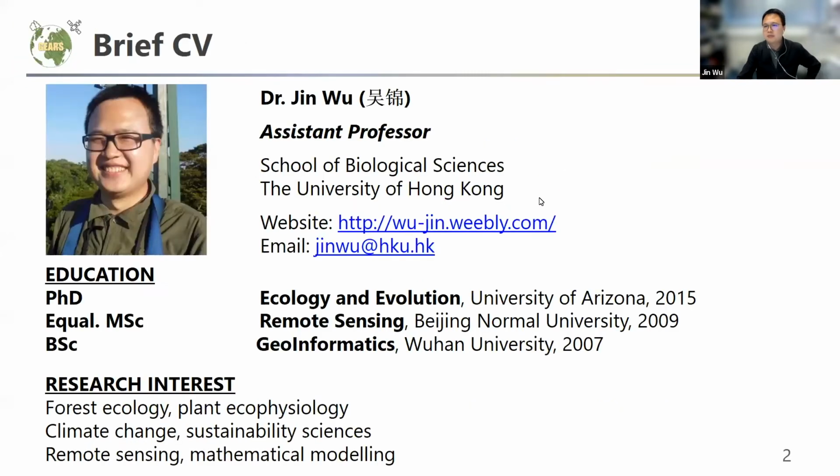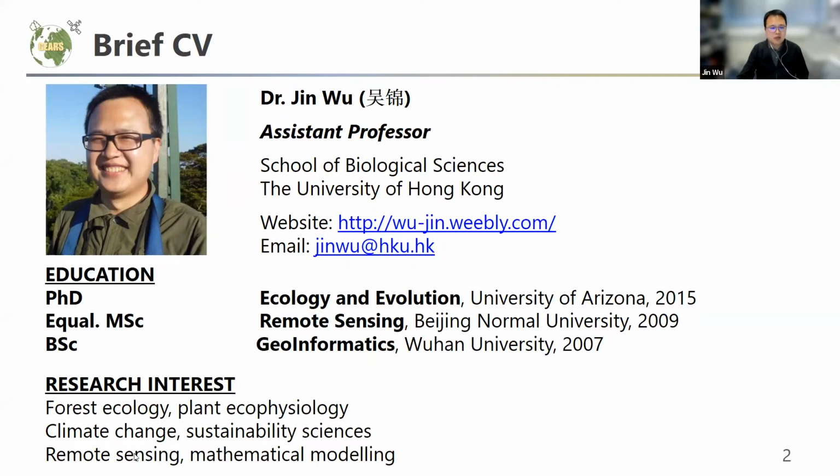Here is a brief CV about me, and I think the professor just mentioned it. But one thing I would like to highlight is that before I joined Hong Kong U, you can tell I have quite an interdisciplinary background. I received GIS in undergraduate, later on remote sensing, and during my PhD, I started to touch the ecology and evolution topic. Currently my lab research primarily focuses on forest ecology and plant physiology.